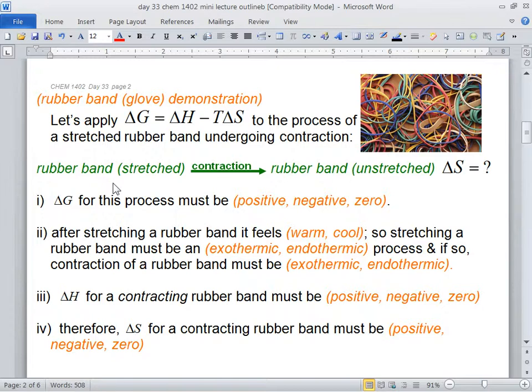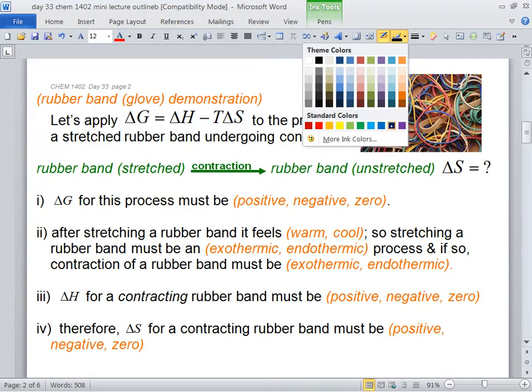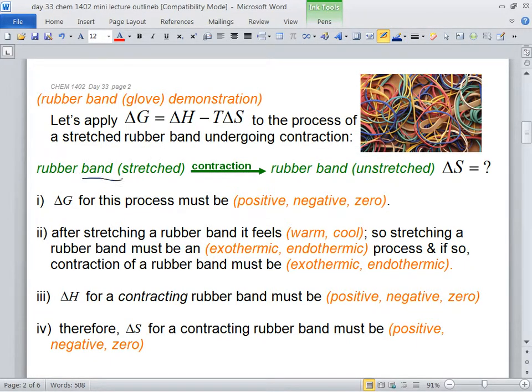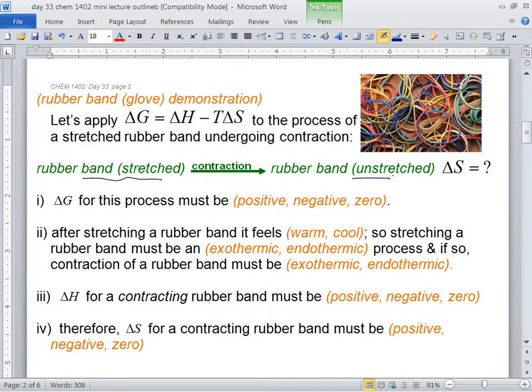We're going to start with a balloon that is stretched, and then we're going to let it be unstretched. We're going to use that equation to predict what the change in entropy was. Because entropy, what the heck, you can't even see it very often. So what is that number? Let's try to figure it out by doing this little experiment.